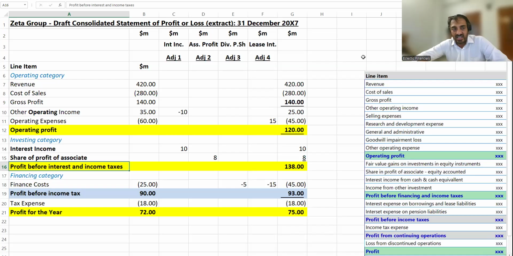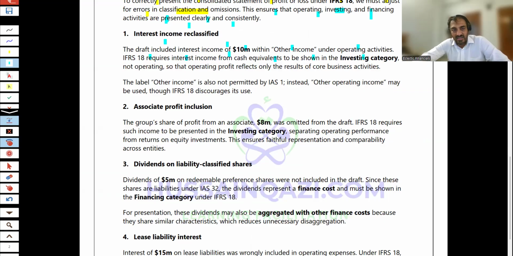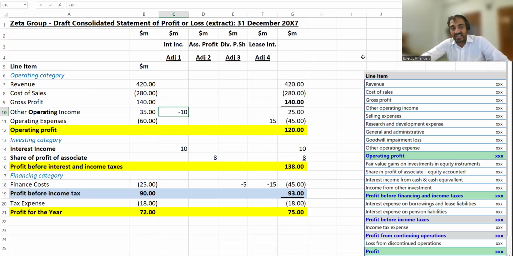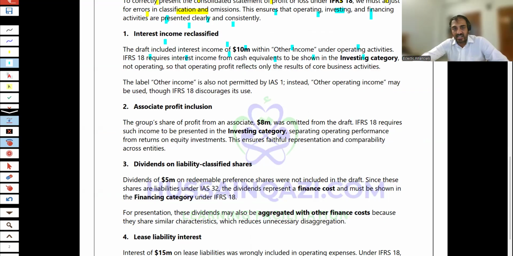We adjust the investment income out of the operating category, in fact a rectification of error, and incorporate it with the investing category. Investing category, not operating. So the operating profit reflects only the result of the core business operations.